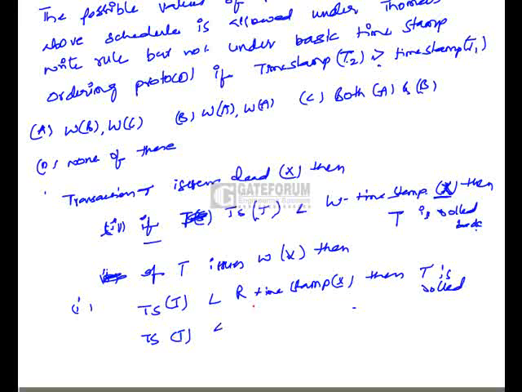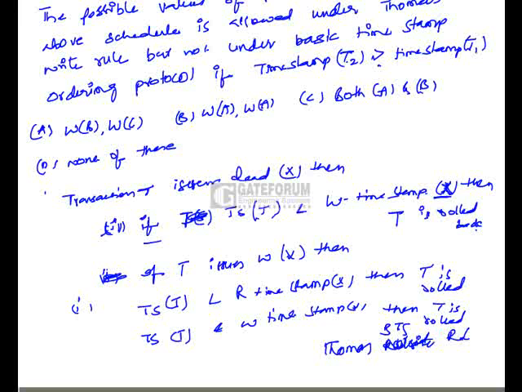Next, the timestamp of T is compared with the write timestamp. If the timestamp of T is less than the write timestamp of X, then T is rolled back in case of basic timestamp ordering protocol, but it is not rolled back in case of Thomas Write rule. The transaction is not rolled back, and this schedule is allowed under Thomas Write rule.